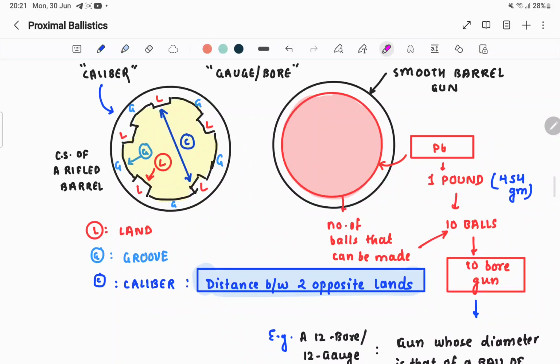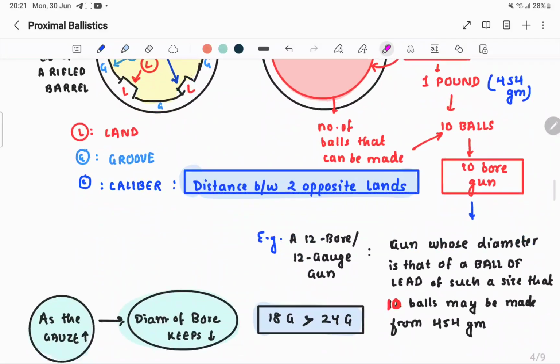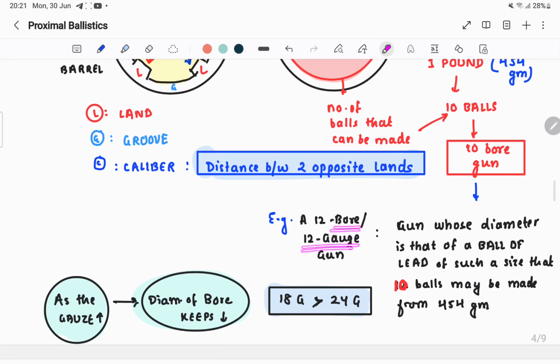What is a bore? Bore is basically, let's say we talk about a 12 bore or 12 gauge gun. We call this gauge also. A gun whose diameter is that of a ball of lead of such a size that 12 balls may be made from 454 grams.